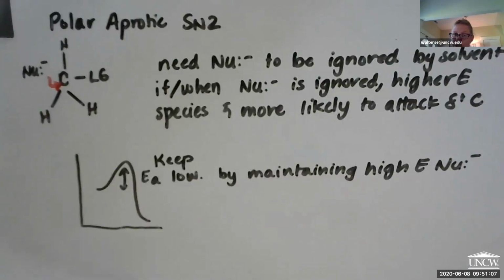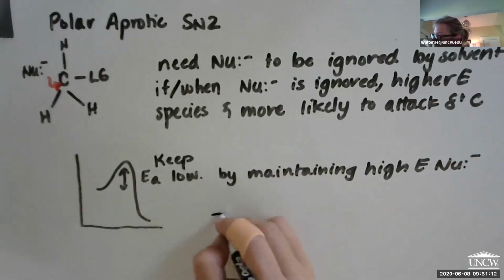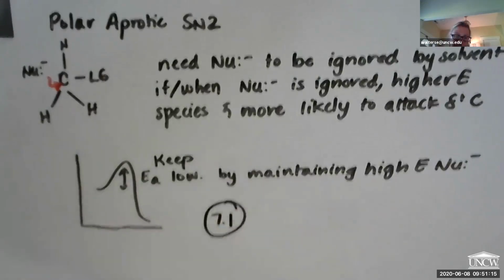I would encourage you to look at table 7.1 in your text. It's a nice comparison of mechanisms, energy diagrams, rate laws, substrate requirements, and stereochemistry. The more organized you keep your reactions, the easier it's going to be to use and draw them and understand what's happening.